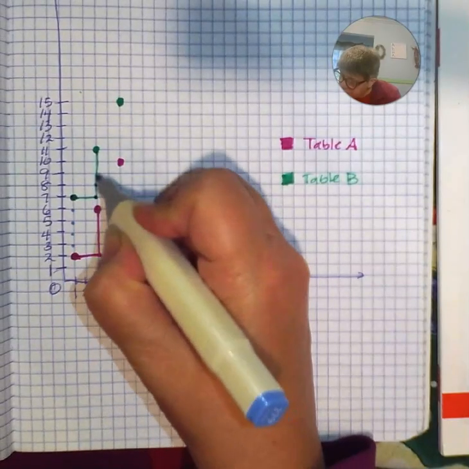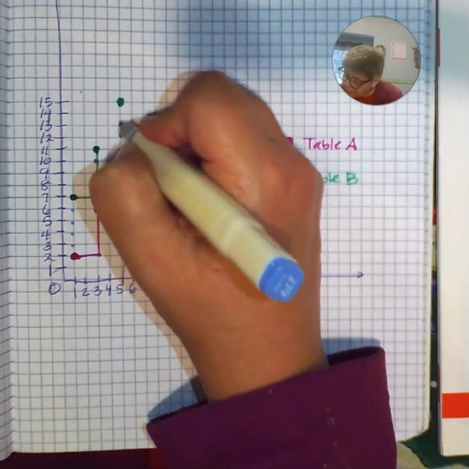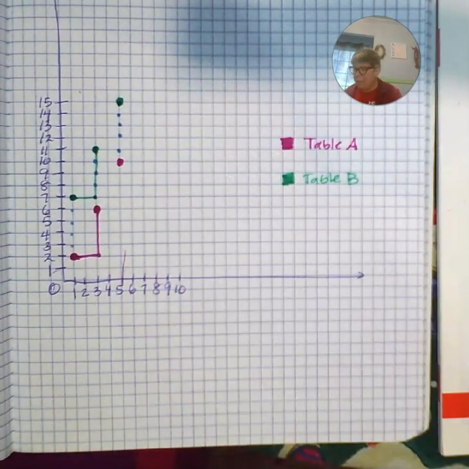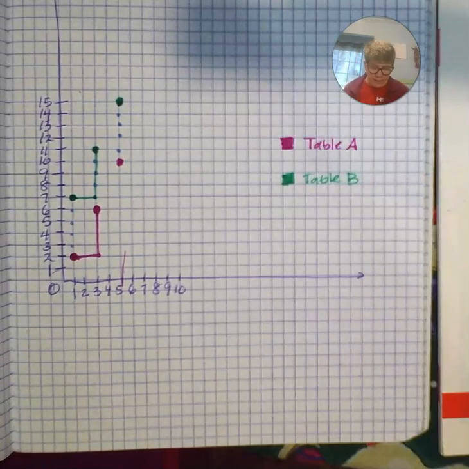Our table B points are 5 higher than our table A points, right? 5 units up.